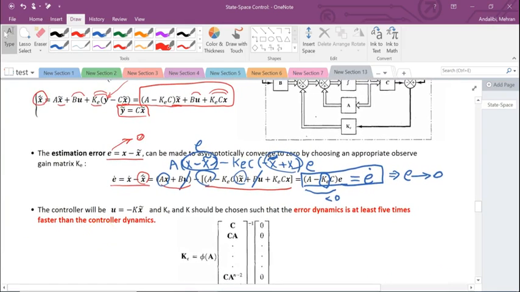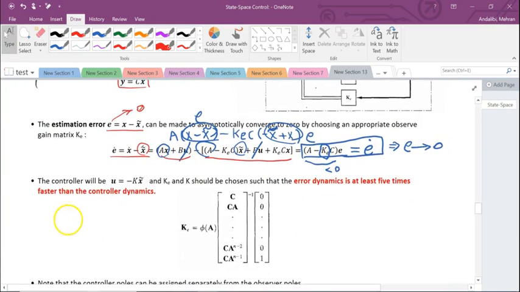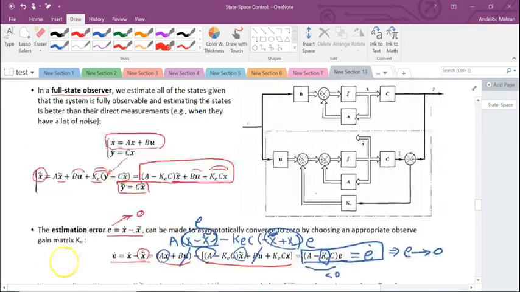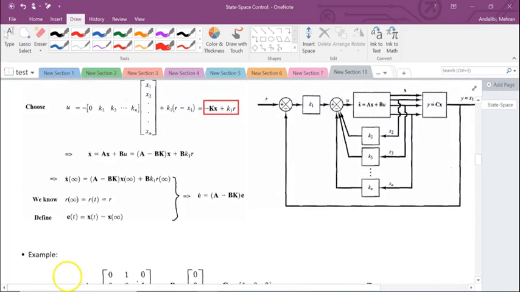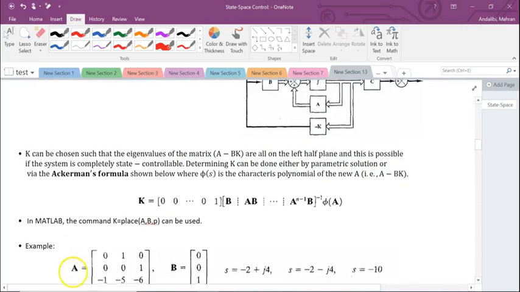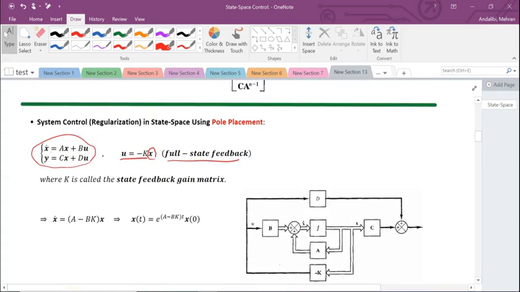So how can we do that? We'll do it the exact same way that we designed the K for pole placement. Remember here, for pole placement, the goal was to make this matrix A minus BK negative definite. Remember, in this case, it's A minus KE times C. Instead of that matrix, you have this one.